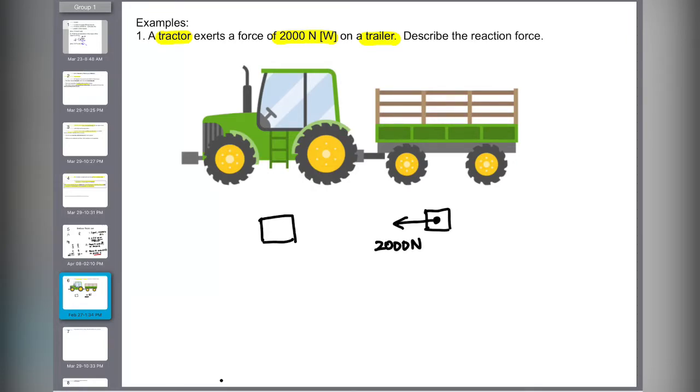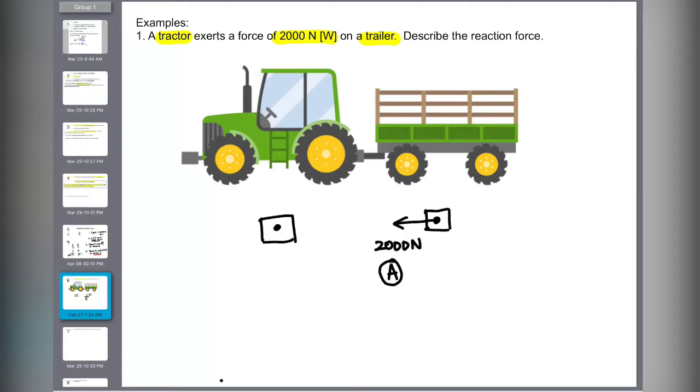This is the action force. When the tractor is pulling, the trailer feels a pull in the forward direction, but at the same time the tractor should also feel a drag in the opposite direction, being pulled backward, and that is your reaction force.